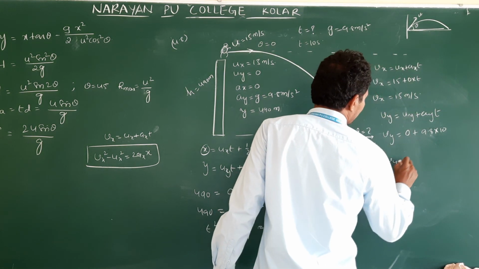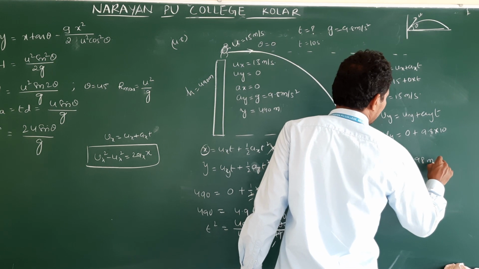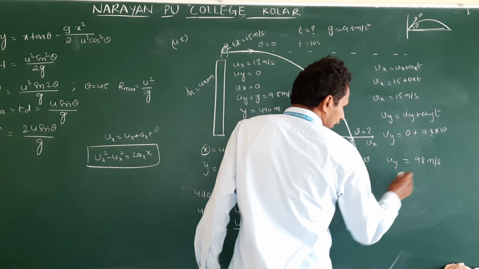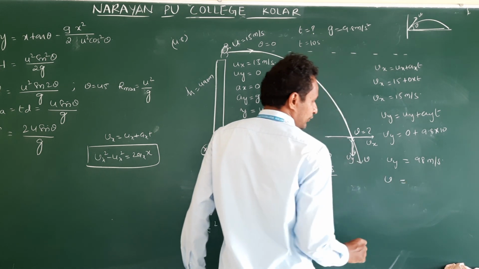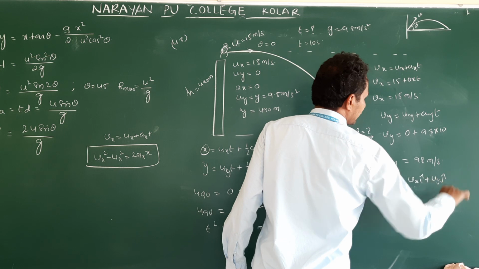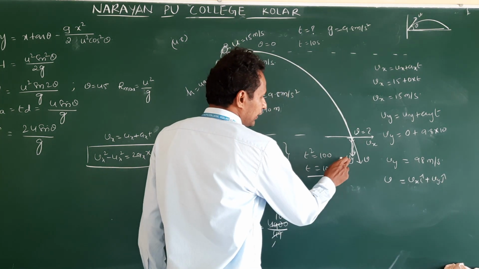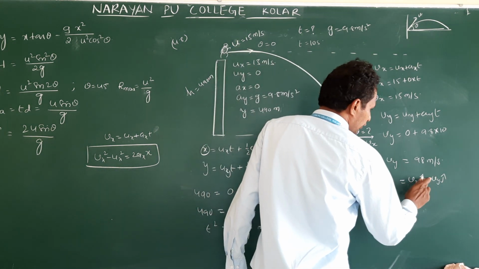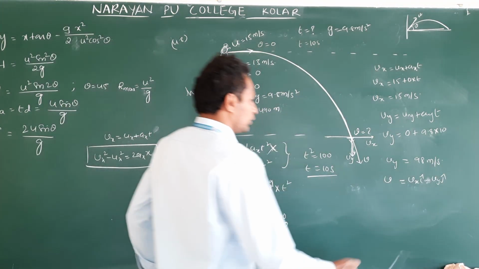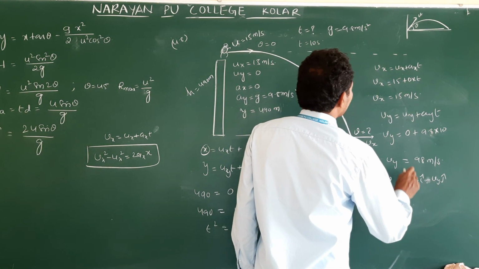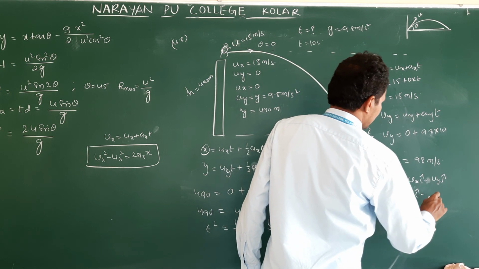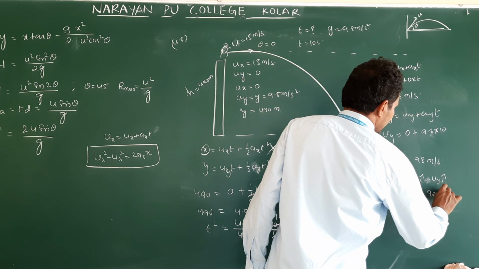So Vy is equal to 98 meters per second. Clear? So if you write this in vector form, the final velocity V is equal to Vx i cap plus Vy j cap. Actually Vy is acting downwards, so we will get minus. So now V is equal to 15 i cap minus 98 j cap.